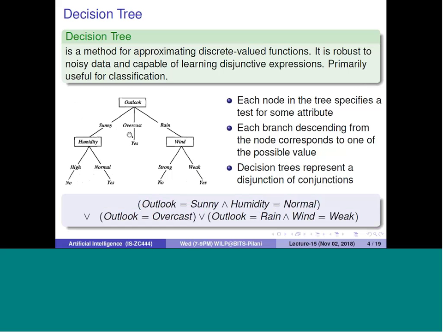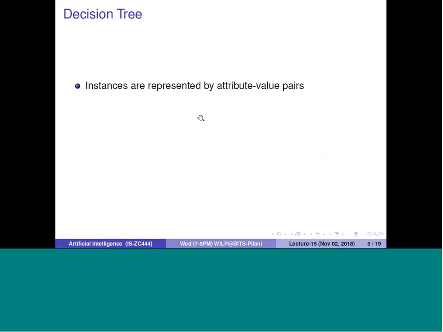What is this? Outlook is equal to overcast. What is this? Outlook is equal to sunny and humidity is equal to normal. What is this? Outlook is equal to rain and wind is equal to weak. So you say that if this or this or this, then you say yes, otherwise you say no. All right. So this is a decision tree, and in today's class we will see how, given the data, you can create the decision tree. Okay.